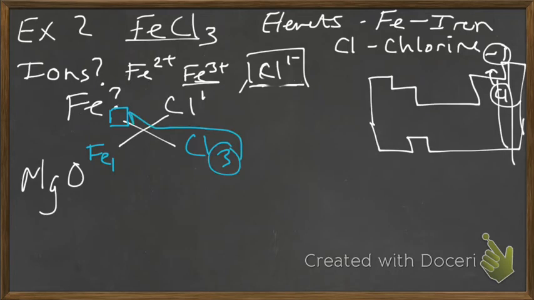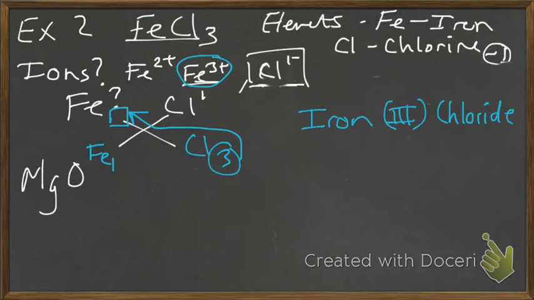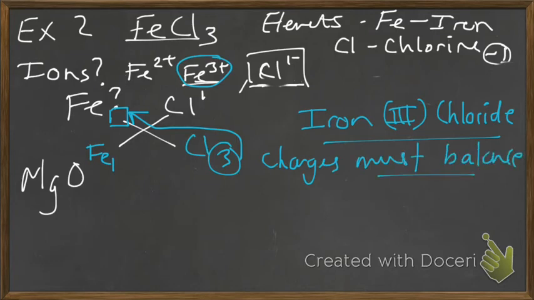So we're actually going to work backwards, and we know that this is Fe3. What does that all mean? When we write out the name, we know that this is iron 3 chloride. Okay? Charges must balance. The more you do this, the more examples you do, the more it makes sense.